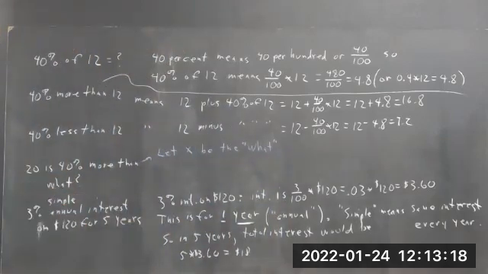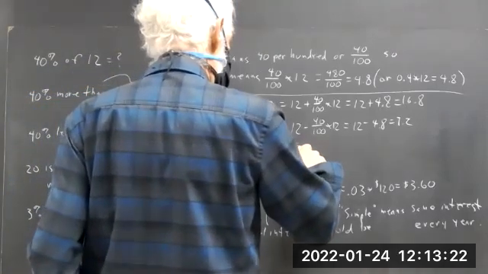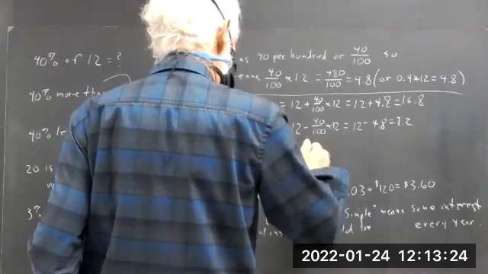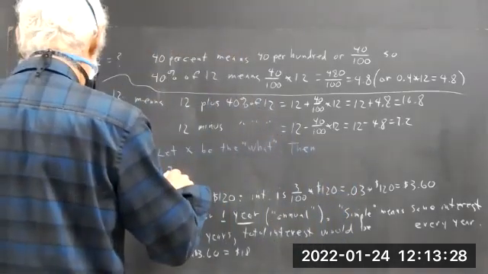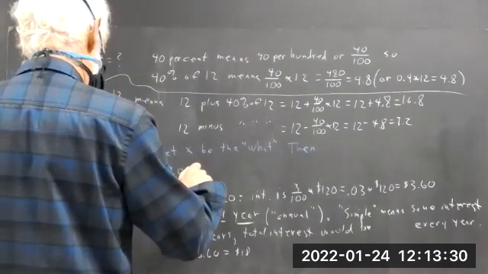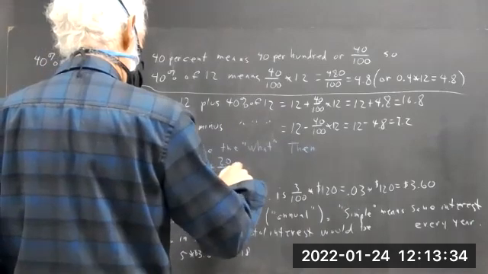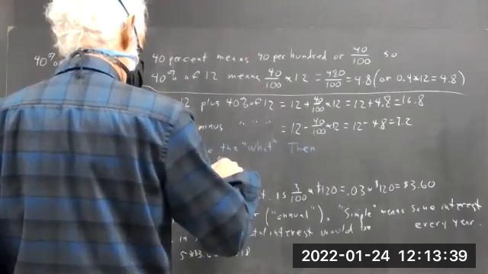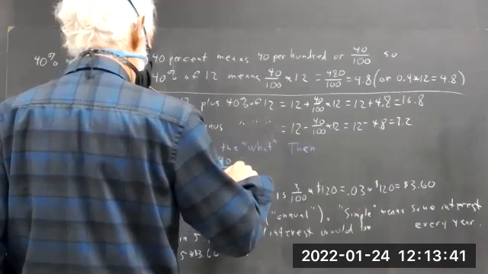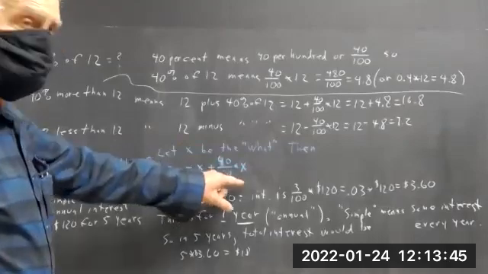So we can say then X plus 40 over 100 times X, right?